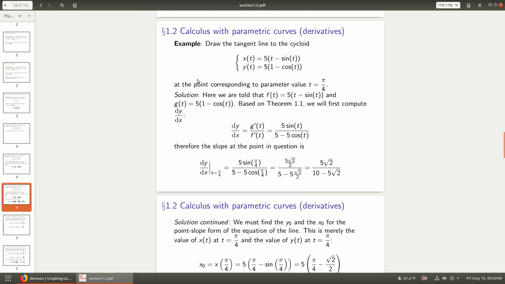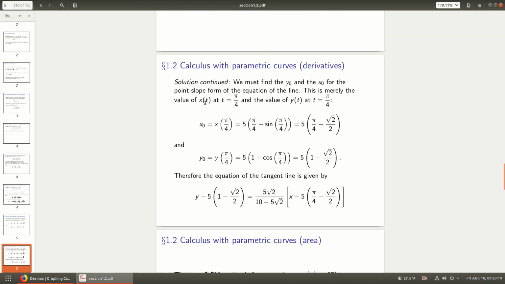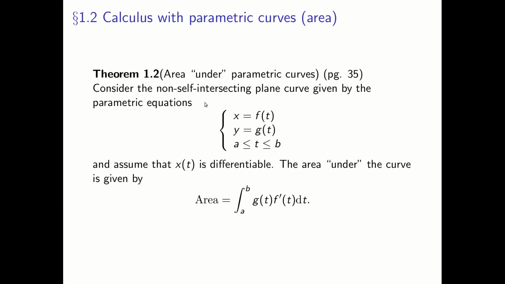So that's tangent lines. Now there are other things, of course, in calculus that you could do. And one thing that the book does is this area, which has some problems, as you'll see.